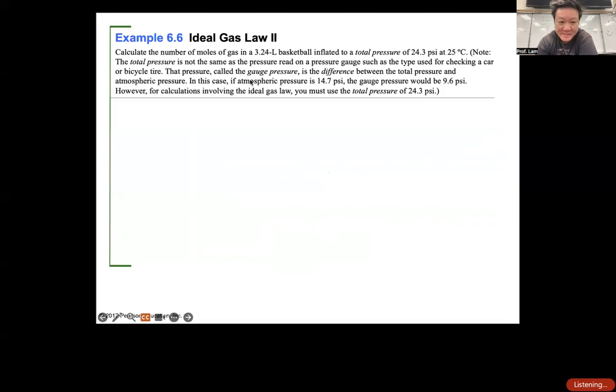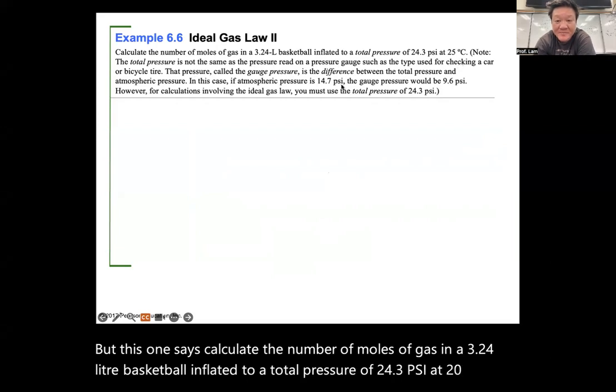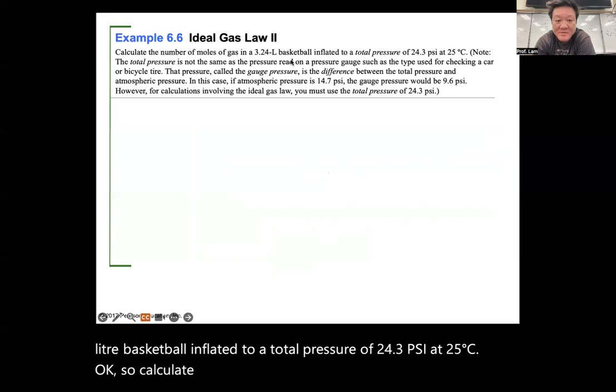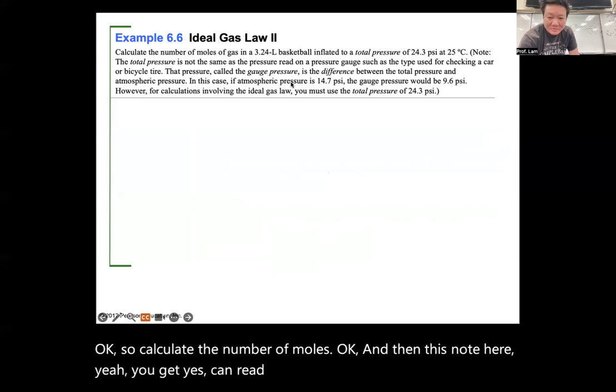This one says, calculate the number of moles of gas in a 3.24 liter basketball inflated to a total pressure of 24.3 psi at 25 degrees Celsius. So calculate the number of moles. This note here, you can read that, it's not going to really affect our problem.